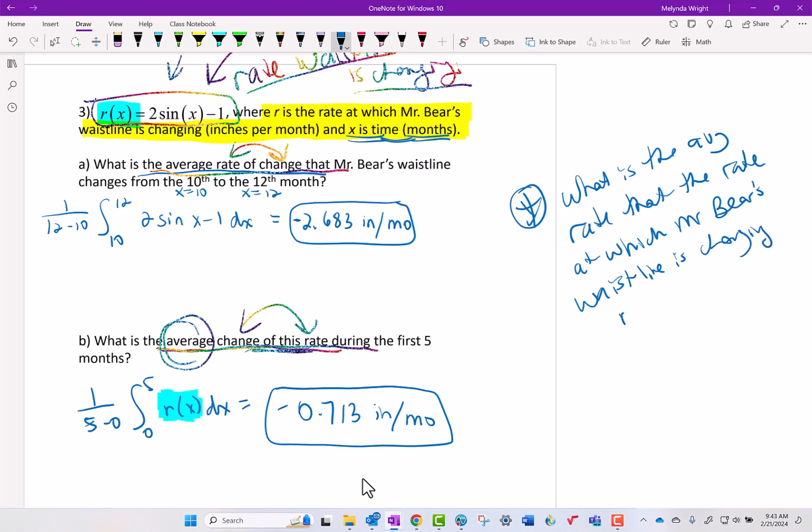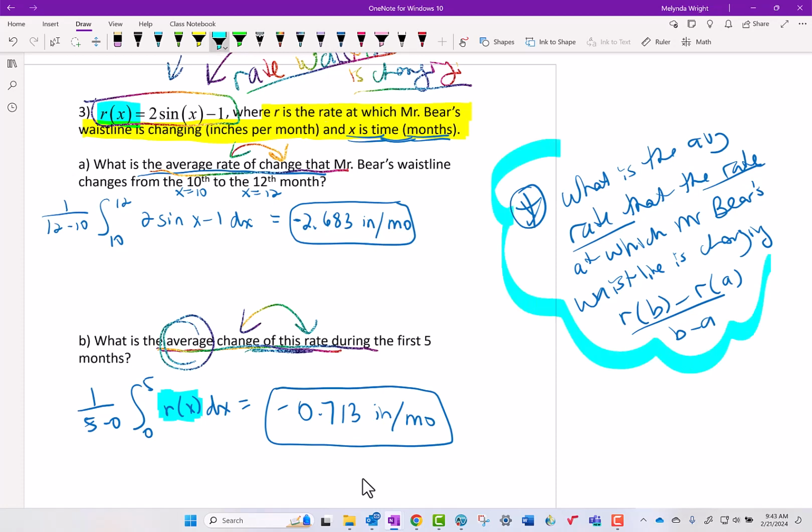And that would be R of b minus R of a over b minus a. So it's the average rate of the rate. If we want the rate of what we have, and what we have is the rate, we would use this formula.